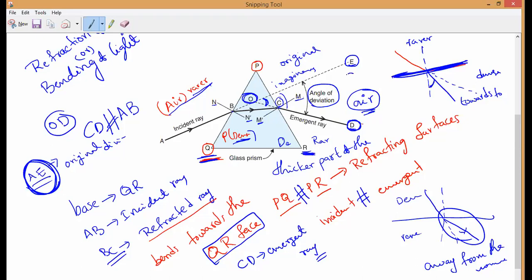We represent it with delta, or else you can represent the angle of deviation with D also. But lateral displacement we also represent with D only.